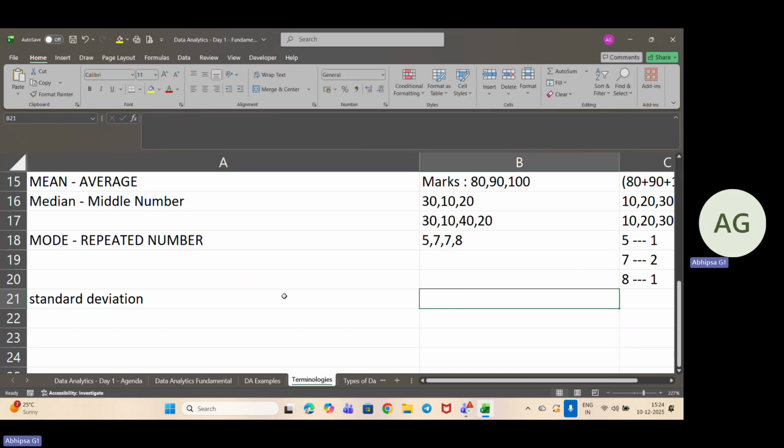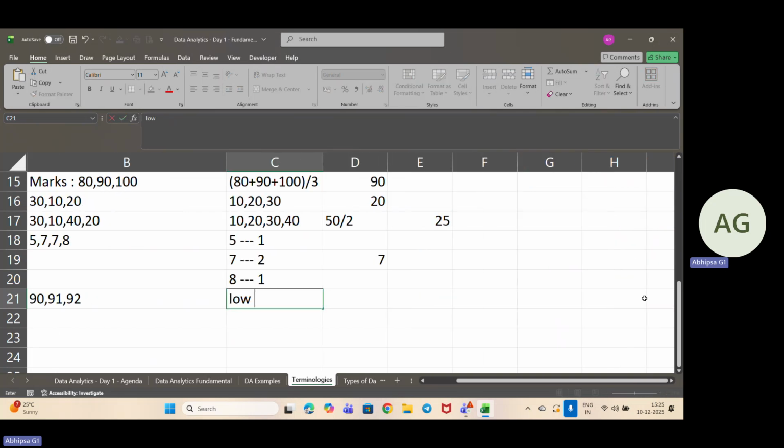If my marks are in the range of around 90, 91, 92, right? Here you can see the numbers are not that spread. It is confined to a single zone, 90, 91, 92. So the spread is low here.